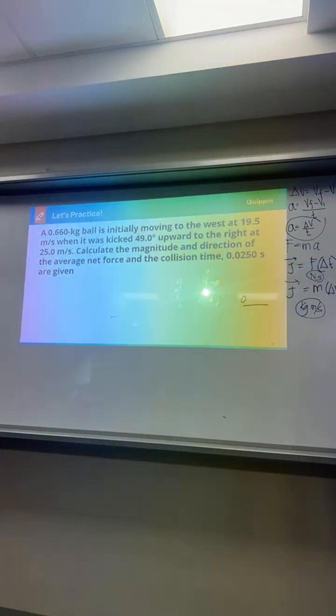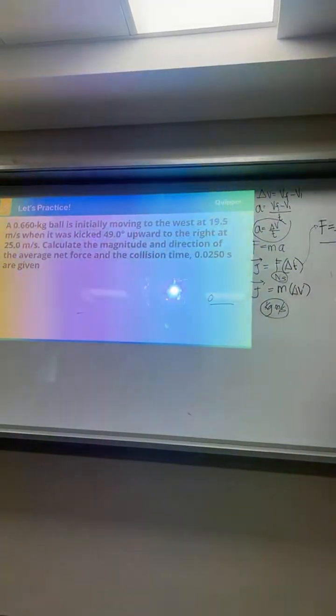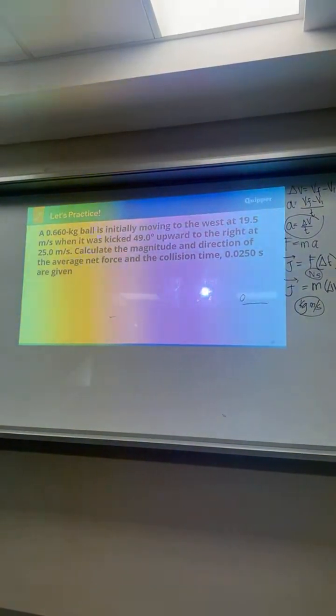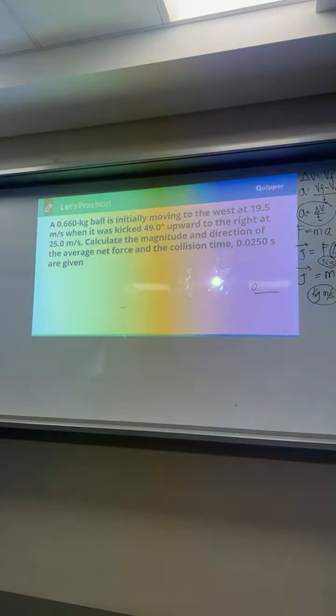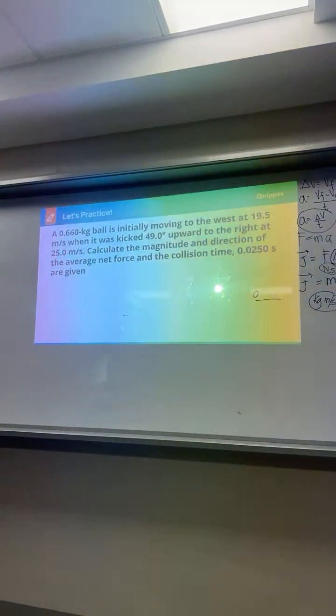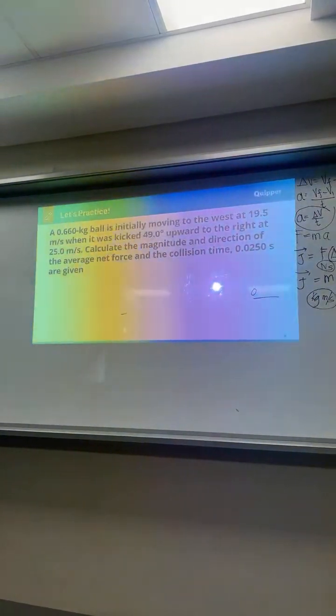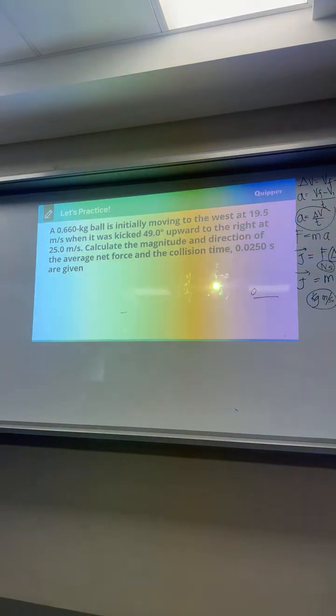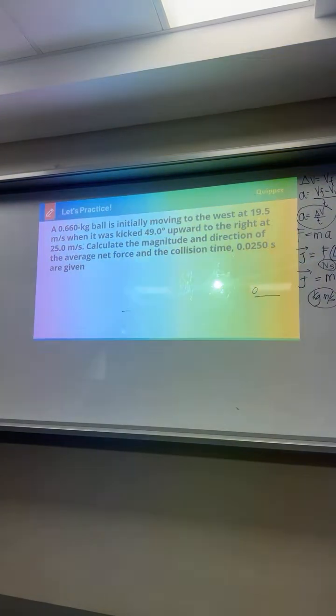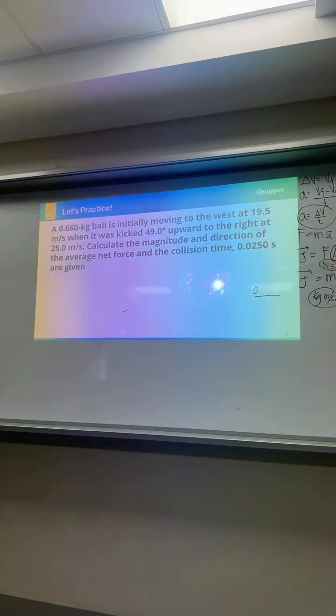Then, force of x component, force of y component. That is to get the magnitude, Pythagorean theorem of the squared of your fx and the squared of your fy. Square root. Then makuha na siya.